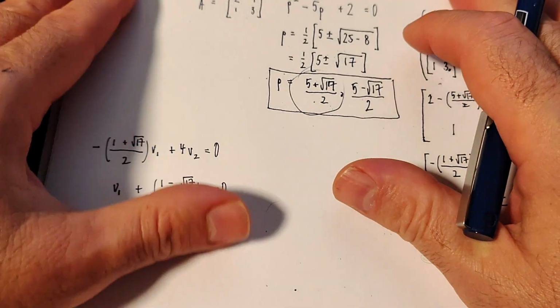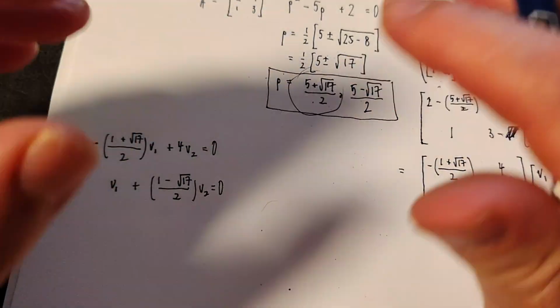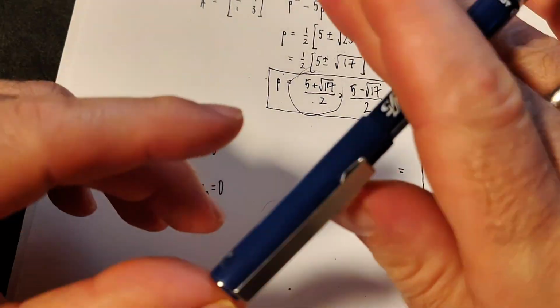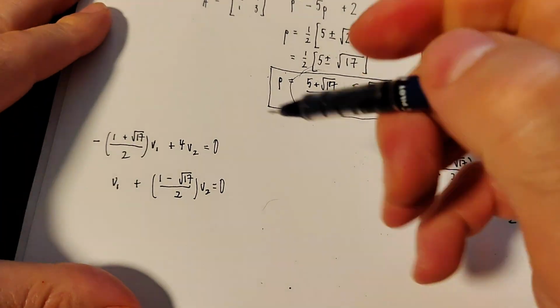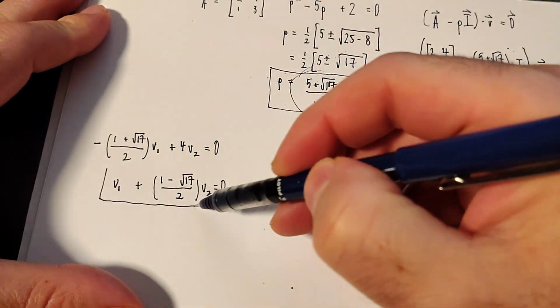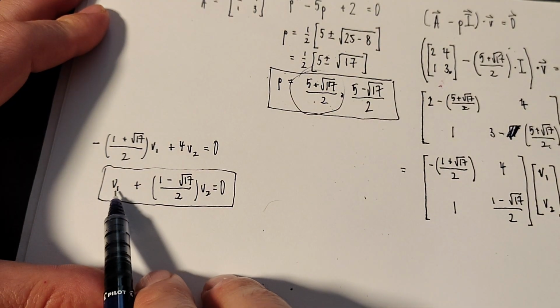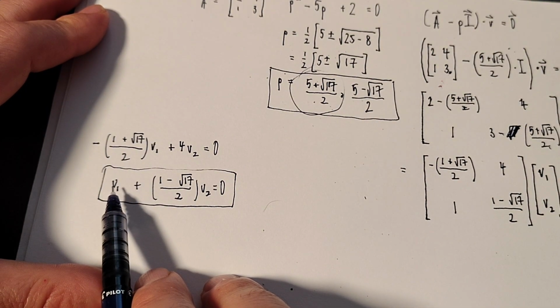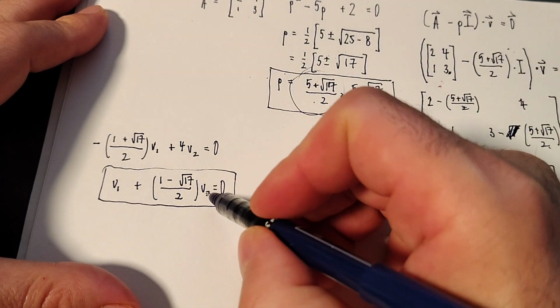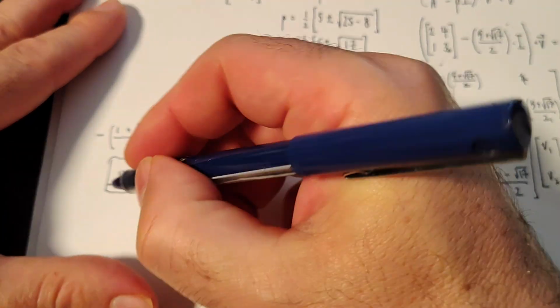All right? So there's a trick to doing this. Let's just concentrate on this eigenvector here because we've got one of these already solved out in a way. So let's set v2 equal to 1.